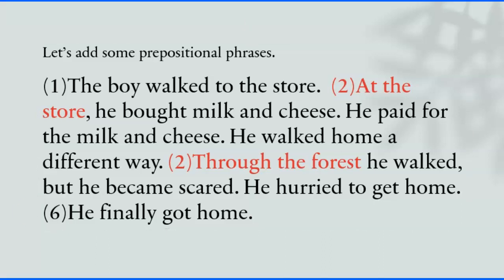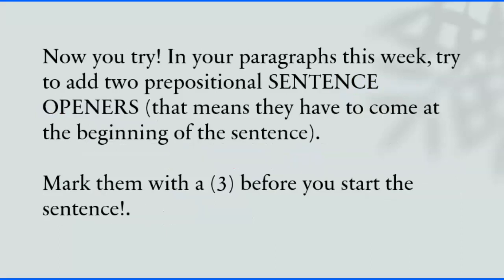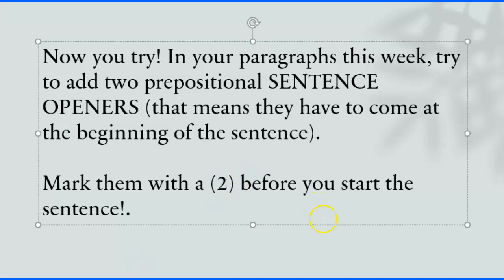So remember, when you are doing your writing from now on, you're going to have to think about the way you are starting sentences. And you need to make sure that you are adding variety, just like you do with your dress-ups. So I want you to try in your writing this week to use 2 prepositional phrases. They're going to be at the beginning of a sentence, and you will put the number 2 in front of them.